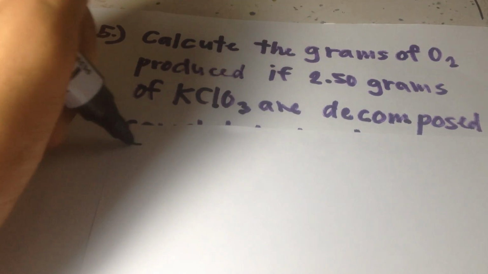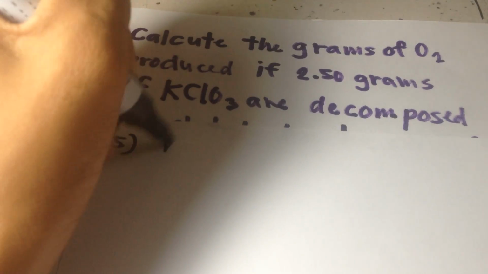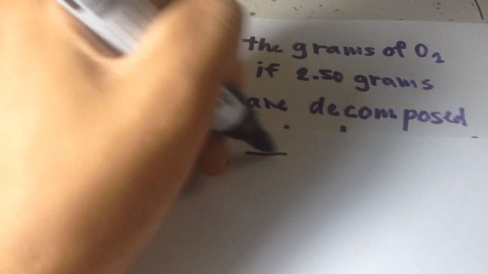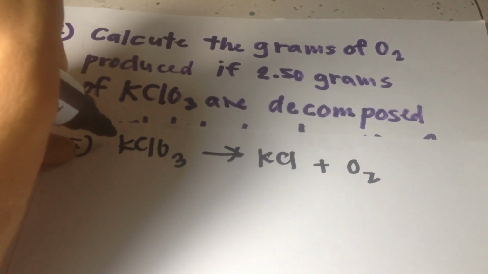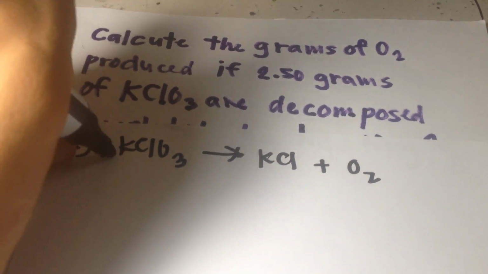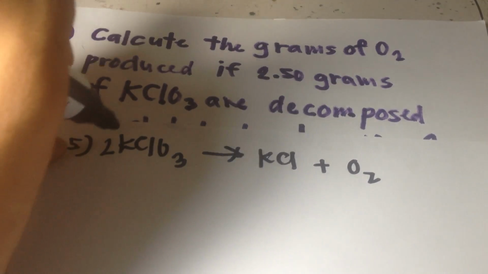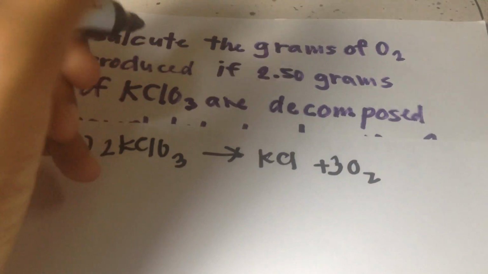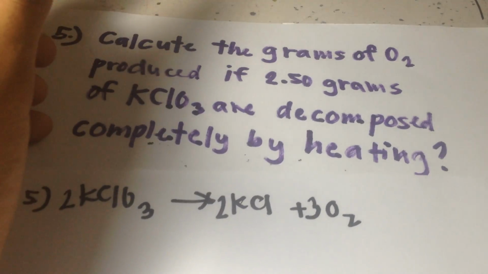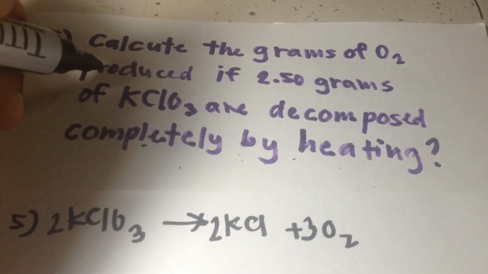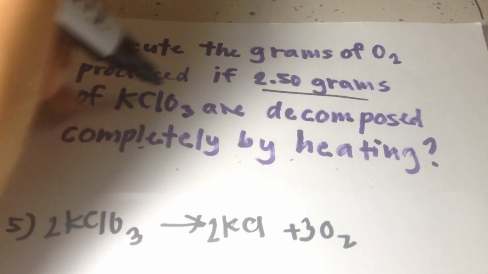So potassium chlorate reacts to, you need to break the compound into potassium chloride plus oxygen gas, and you need to balance. So 2 moles of potassium chlorate gives 3 moles of oxygen gas and 2 moles of potassium chloride. So calculate the grams of oxygen gas produced from 250 grams of potassium chlorate.